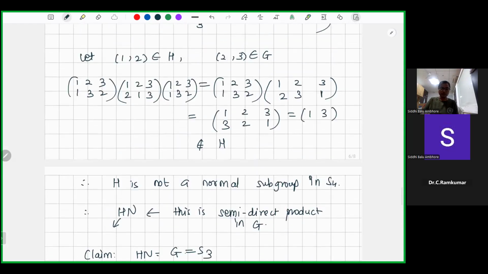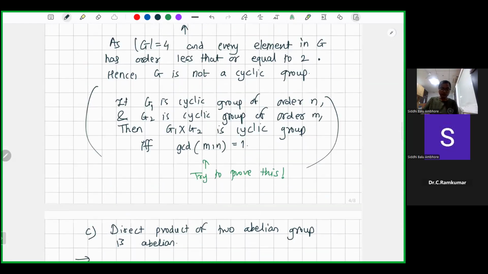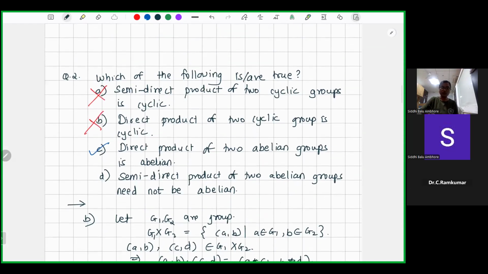So that was the last part. This one is also true. What we have from here is that the semi-direct product of two cyclic groups need not be cyclic. In fact, the direct product of two cyclic groups also need not be cyclic. But the direct product of two abelian groups is abelian.